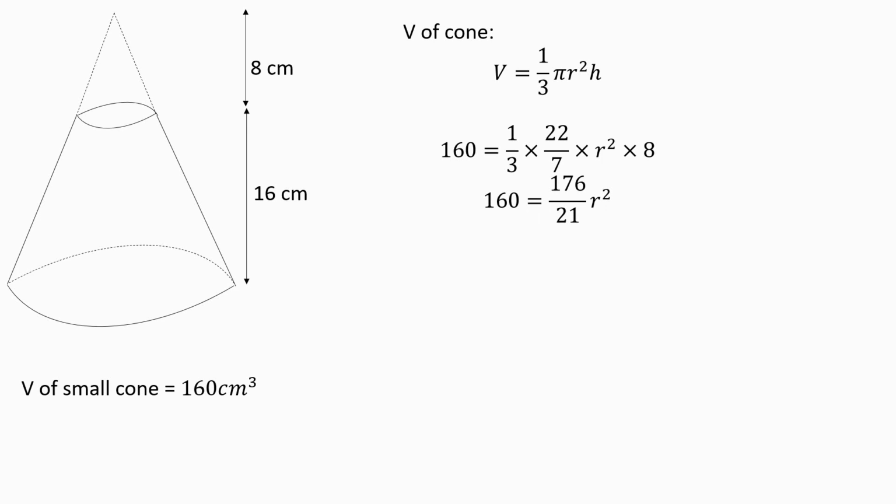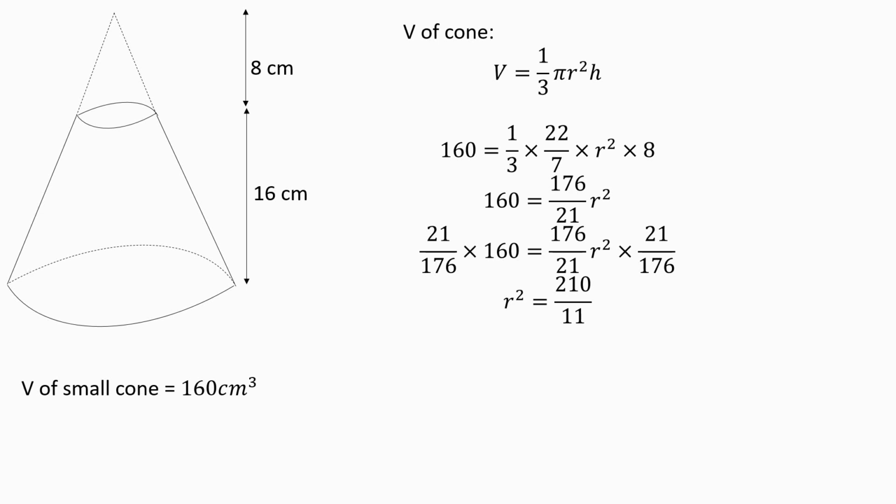To remain with r squared, we have to multiply by the reciprocal of 176/21. So we do times 21/176 on both sides, and we are left with r squared is equal to 210/11, since we've simplified both sides. But at that stage, you can also use your calculator to find the exact value of r squared.